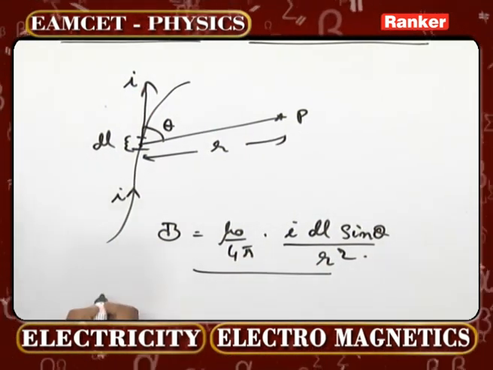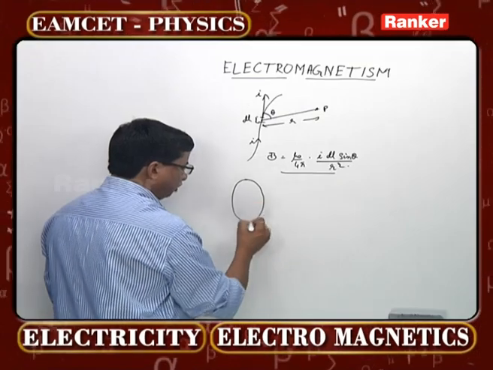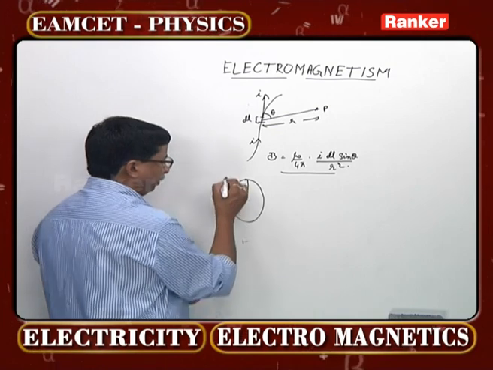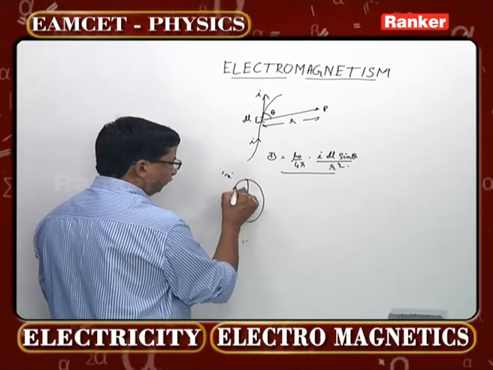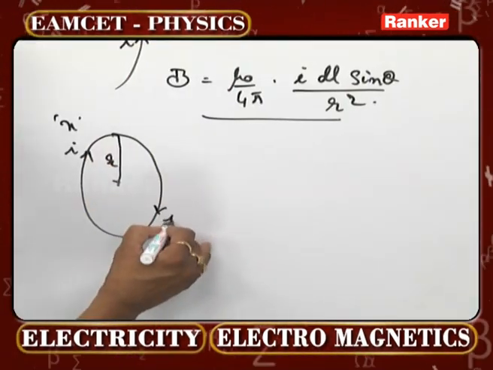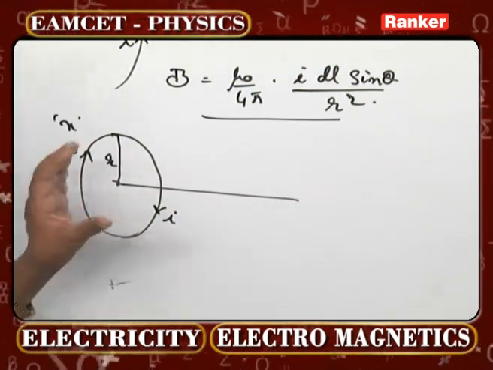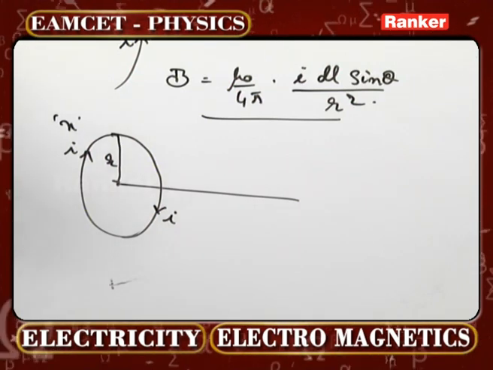Based on this one, of course, we have a wonderful application. One is, there is a circular current carrying coil. It has got n turns and it is carrying a current, say I, like this. This line which is passing through the center of that circle is called the axis of the coil.